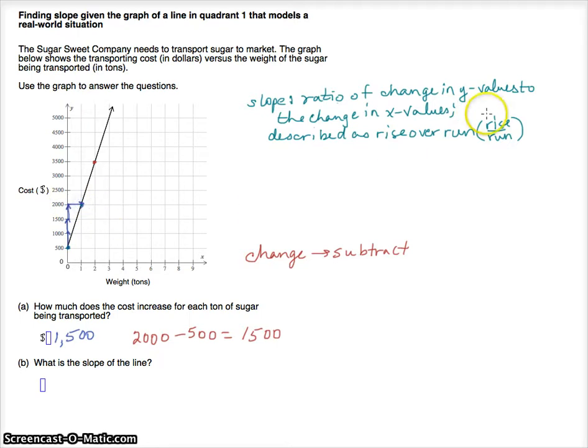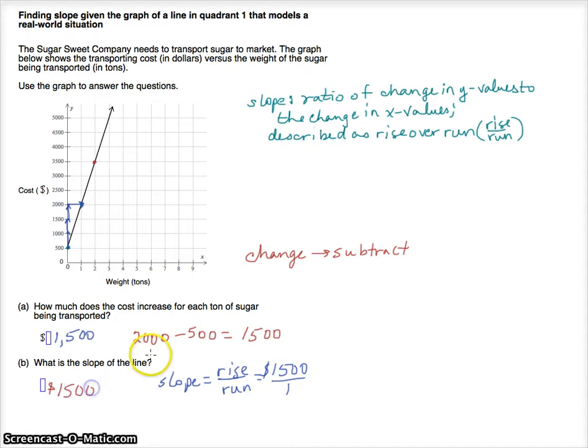So our slope equals rise over run. So our rise was 1,500, and it ran 1 space over. So our slope is 1,500 over 1, or just $1,500.